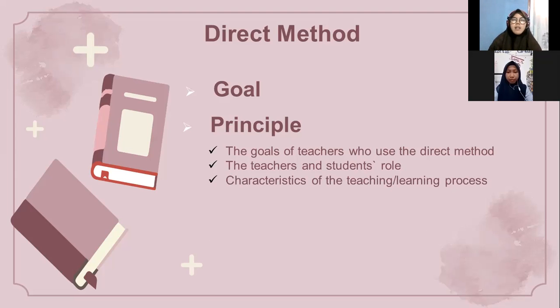For example, when the teacher introduces a new target language word or phrase, the teacher will explain its meaning through practice, using their body or pictures or gestures, because the grammar point is taught inductively. So the students are presented with examples, and then the students try to figure it out.